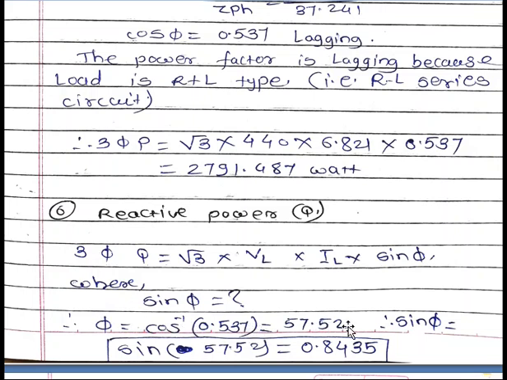The answer of this calculation is 57.52 degree. Now the value of sin 57.52 is equal to 0.8435.